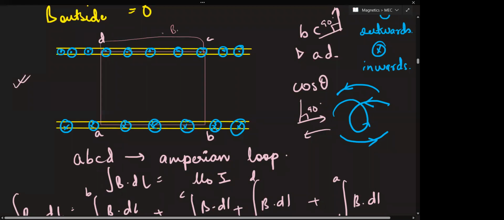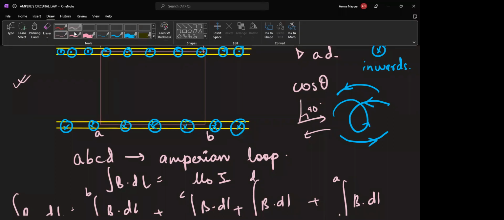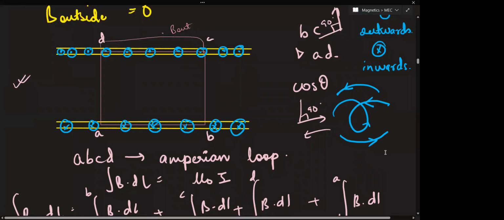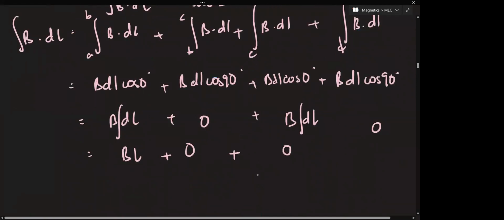Even when you integrate it, that becomes 0, because for points outside the solenoid we take it as 0 since no magnetic field is there. We are only considering this wire, not the entire Amperian loop. So don't draw this as a CD line, just draw this as outside, so that also becomes 0. So ultimately, only BL is left.